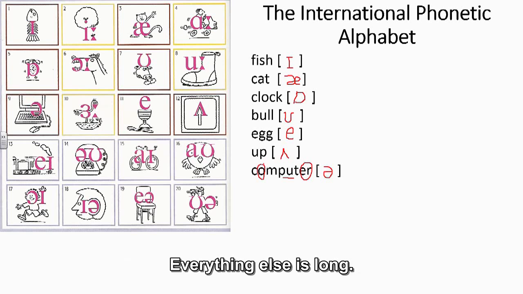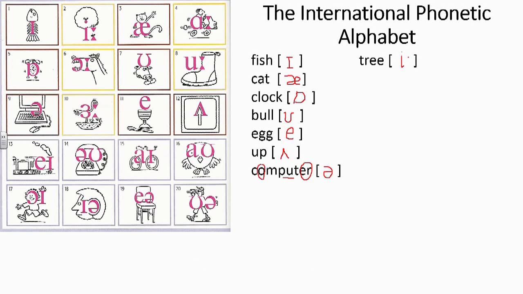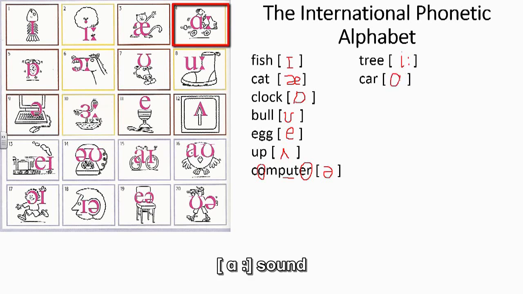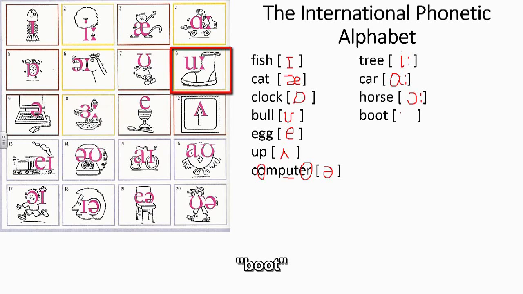Everything else is long. Then comes tree, car, R sound. Horse, O. Boot, oo.